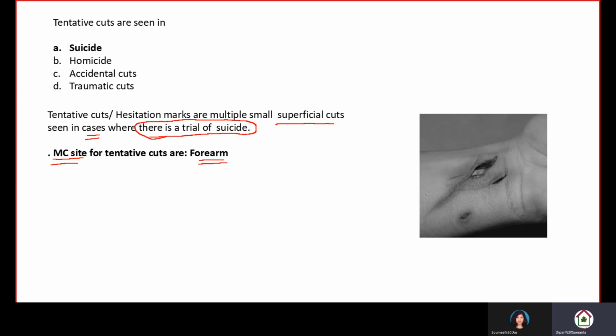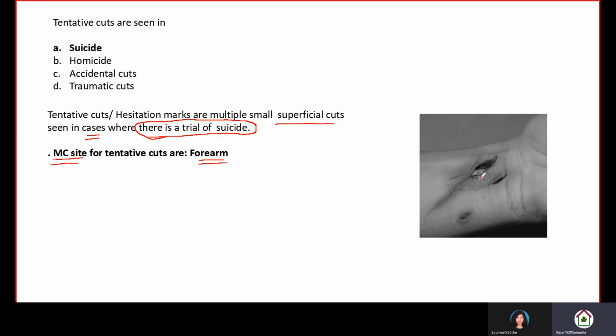And while cutting the forearm, the concerned person will hesitate. He will become scared. He will hesitate whether he will die or not, or he cannot cut himself, because when he touches the knife to the skin, it will feel pain, and due to pain he cannot cut himself.